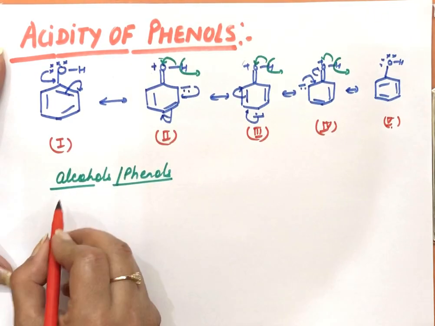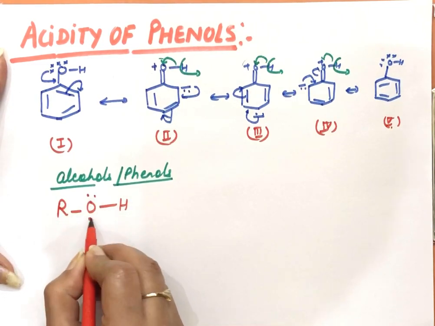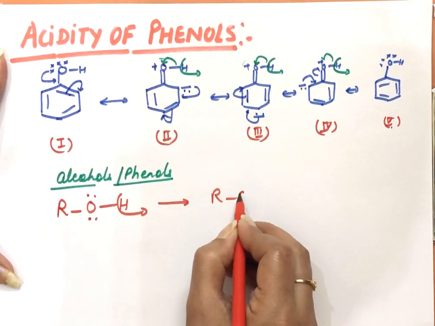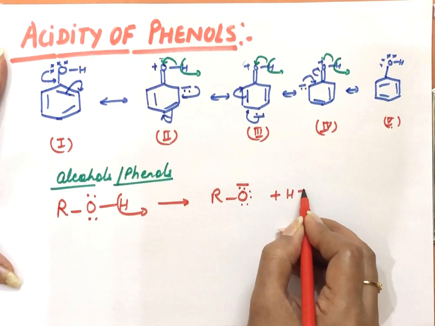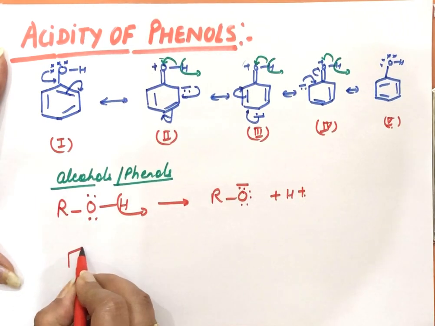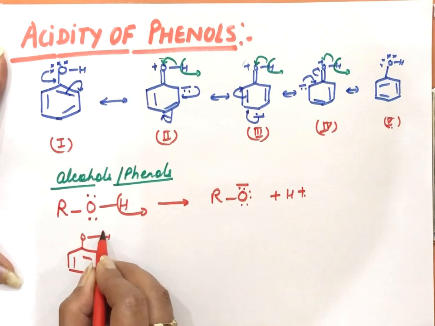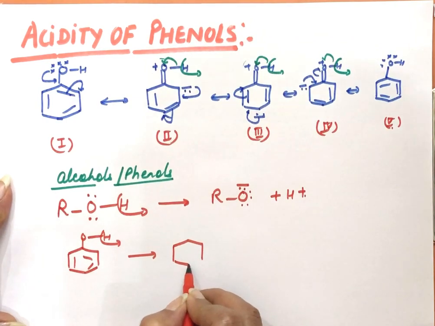The reason is, in the case of alcohols, if this H plus is removed, we will get this alkoxide ion. This ion formed is called alkoxide ion. And from phenols, if we remove the H plus, we will get the phenoxide ion.